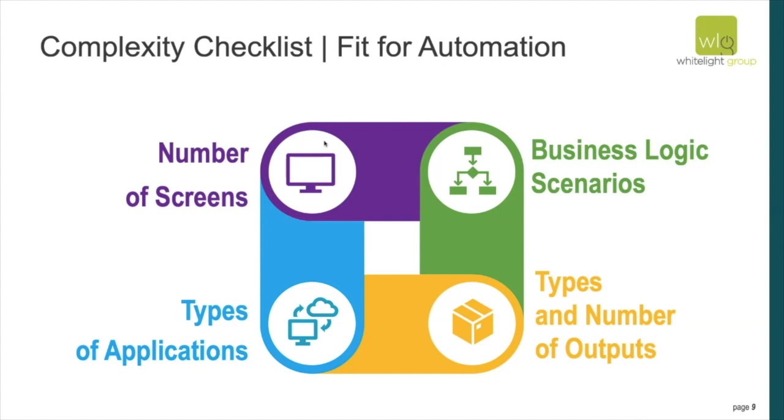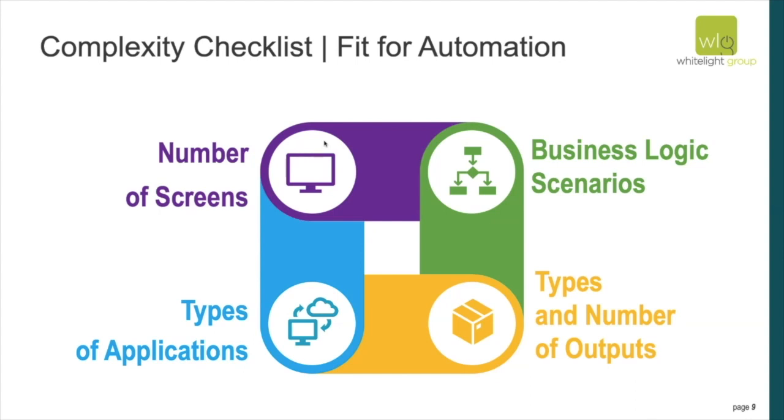A lot of things to take into consideration are the number of screens, the types and number of applications you're using, and any business logic scenarios, so decision-making processes, right? Does it meet that validation in the approval process, yes or no? If yes, keep going through the bot. If no, send an email to this user; this is their exception that they need to manage.